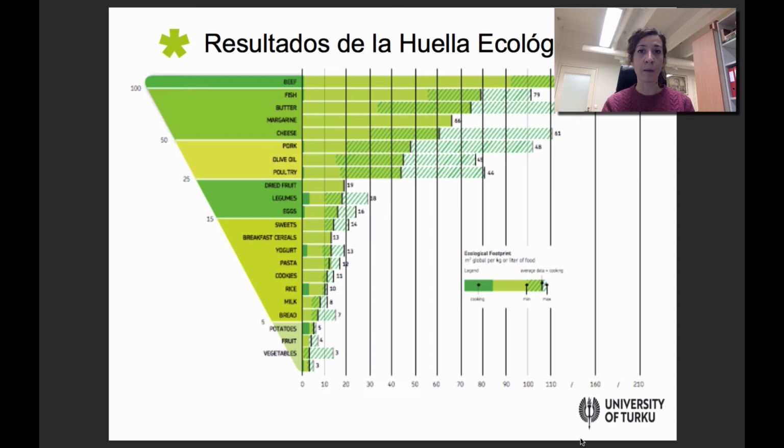So there is more than one step in the production, and that's why often animal products are so high when it comes to environmental impact, because the production steps are more than for example for fruits and vegetables. So this is also one of the things that maybe helps you to understand what it means to calculate environmental impacts for different types of food, and why different foods are in certain levels of the pyramid.